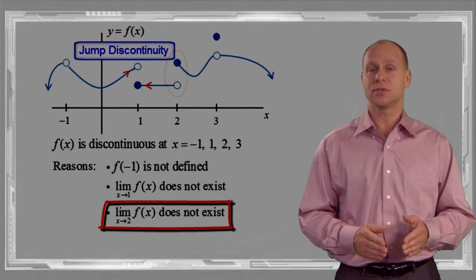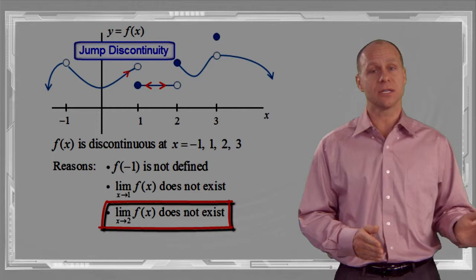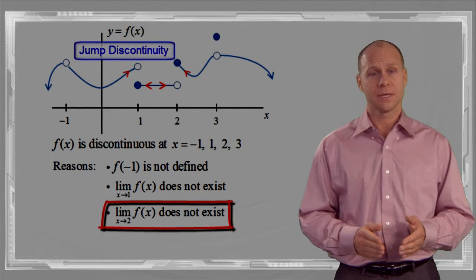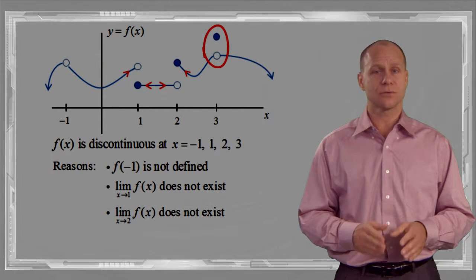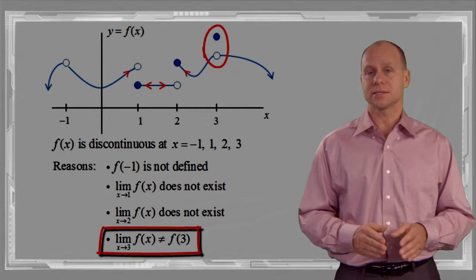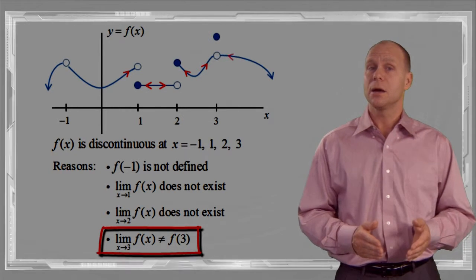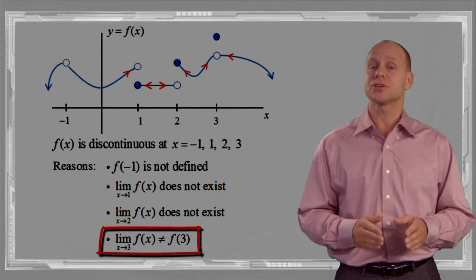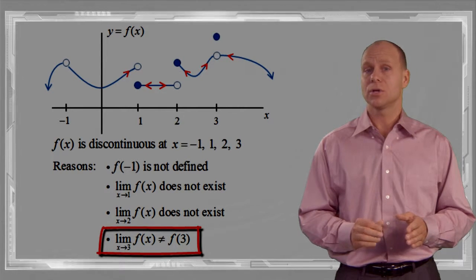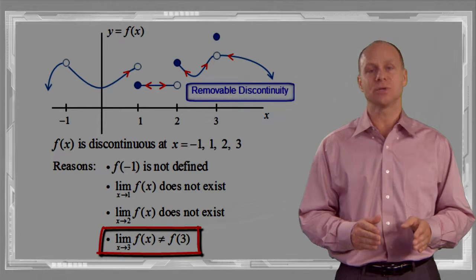This, again, is due to the limit from the left not being equal to the limit coming from the right. And finally, at x equals 3, notice the limit does exist. The limit from the left is equal to the limit coming from the right, but the limit is not equal to the function at 3. We call this a removable discontinuity.